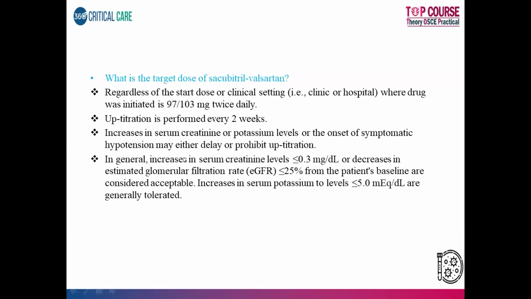In general, if the patient is on Vymada, an increase in serum creatinine of less than or equal to 0.3 mg per dL, or a decrease in eGFR of less than 25% from the patient's baseline, is considered acceptable. So you need not stop the drug.